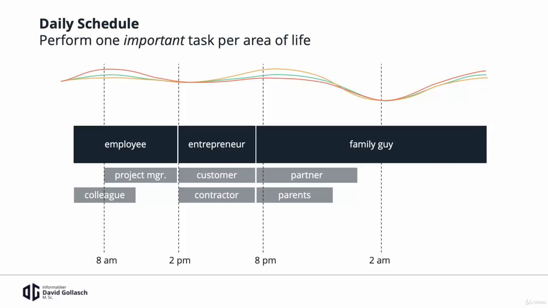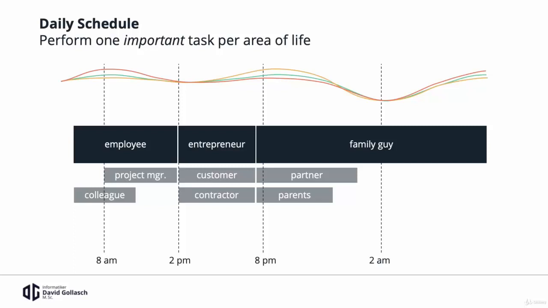That is most of the time the smartest decision that you make for this daily schedule. Yeah, that you're not just selecting 6 important tasks where you plan the duration and set a specific time where you are planning to do this, but just to select one very important particular task for each of the roles you are in for these days, or for each area of your life, where you say, okay, this is the one single task I want to fulfill today.